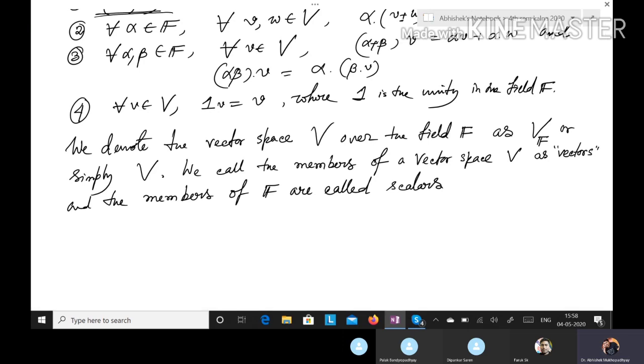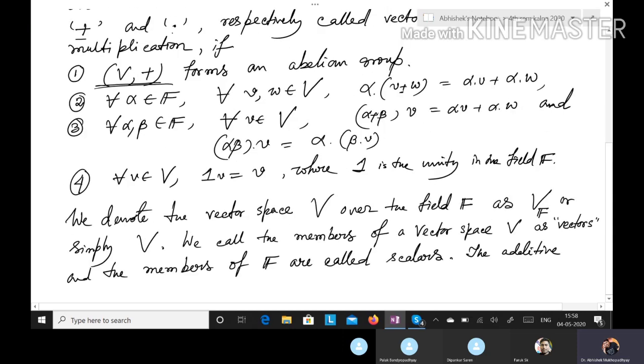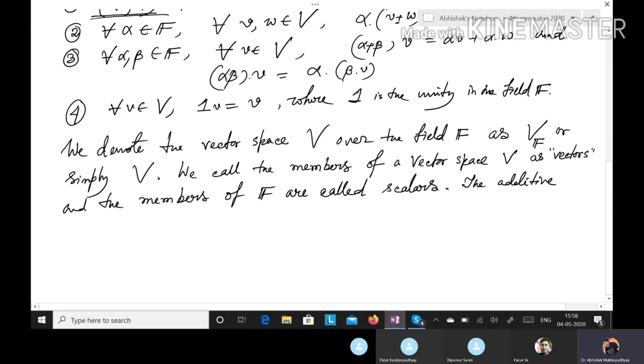That is, when we are discussing some vector space over the field F, we call the members of the field scalars. The additive identity: since from the first condition V plus forms an abelian group, V has an additive identity.